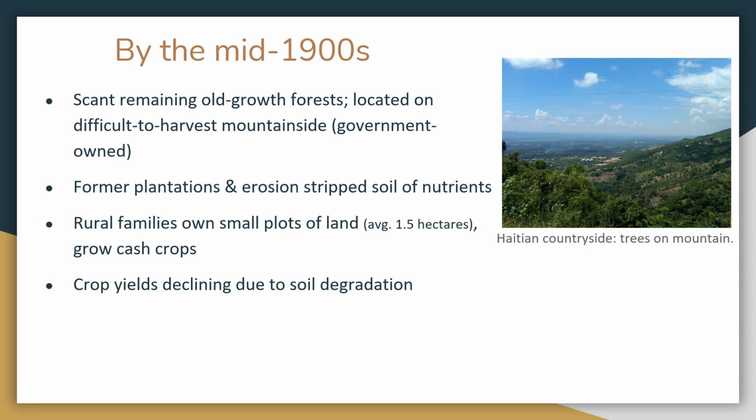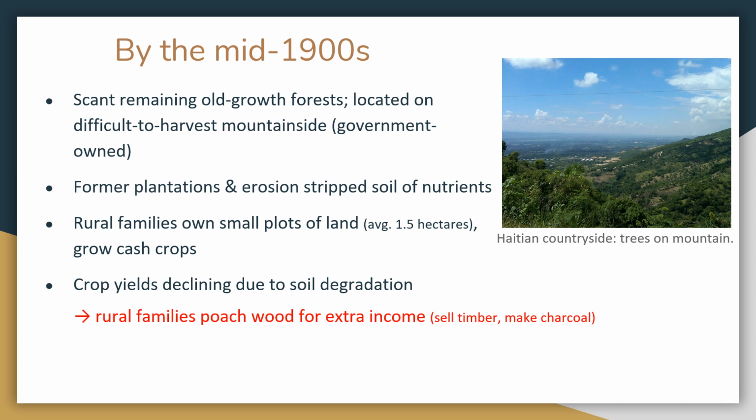Crop yields were declining by the mid-1900s noticeably due to soil degradation. This was an incentive for rural families to try to earn extra income by poaching wood. So they would sell the timber that they cut, or they would make charcoal for sale as fuel.